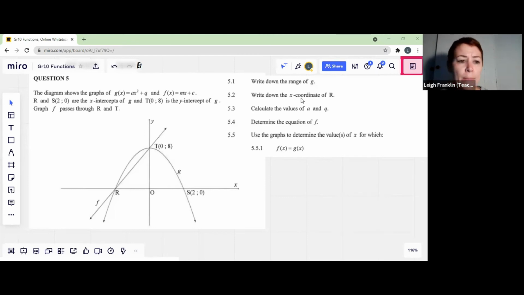But is there anybody who's feeling a little apprehensive and wants some help? Theoretically, we should all be able to answer question 5.1, 5.2, and 5.3. Do you feel confident to try that on your own? Can you give me a thumbs up if you are?